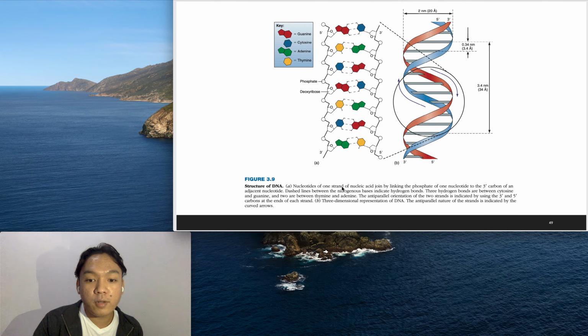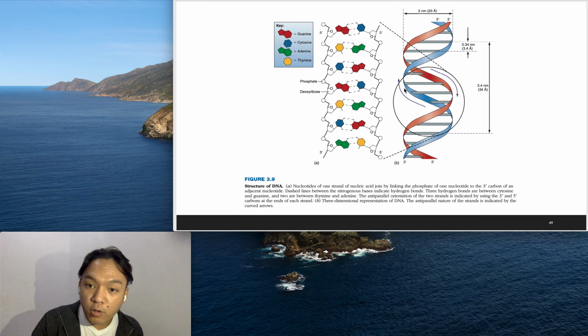So nucleotides of one strand of nucleic acid are joined by linking the phosphate of one nucleotide to the 3' carbon of an adjacent molecule. So it works 5' to 3' and then 3' to 5', creating this 2 nanometer distance between the two strands, and 3.4 nanometers for the base pair until here.